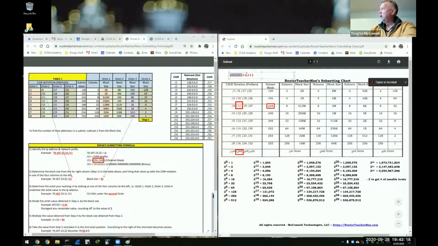These are all on, which equals 224. Got it? And there it is. There's the binary that we just talked about. See it? /11. 8 bits in the first octet, 3 bits on in the second.